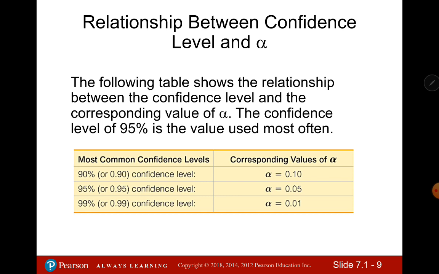Similarly, if alpha is equal to 0.05, then the confidence level will be 95%. If we set alpha to be 0.01, the confidence level is 99%. So it's just the relationship between the confidence level and the alpha value. The alpha value has a name: the significance level.